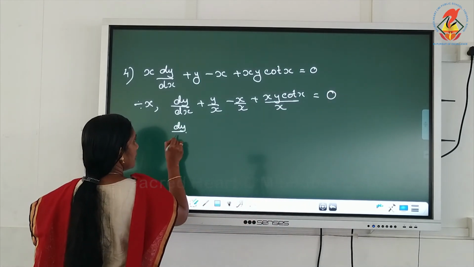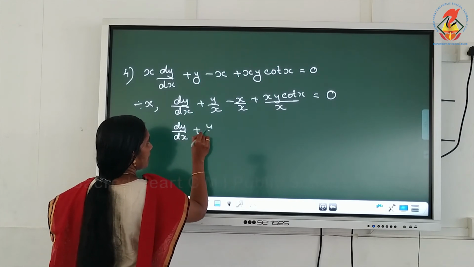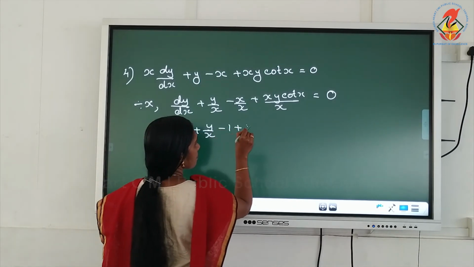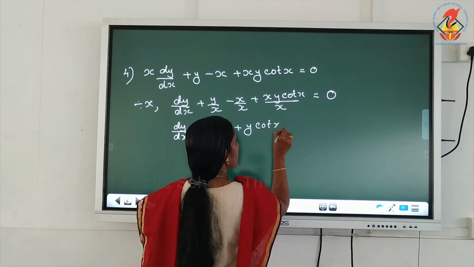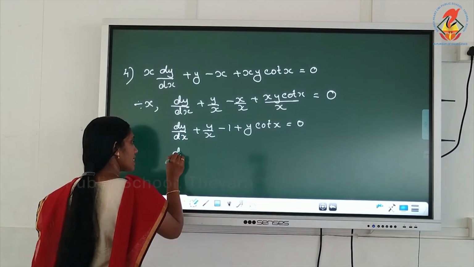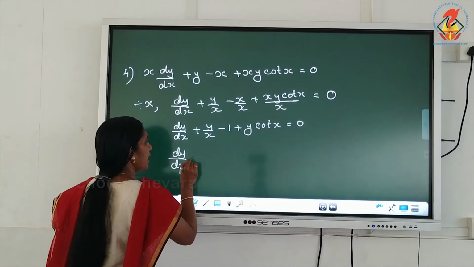So dy by dx plus y by x minus 1 plus y cot x is equal to 0. The format is dy by dx plus Py.